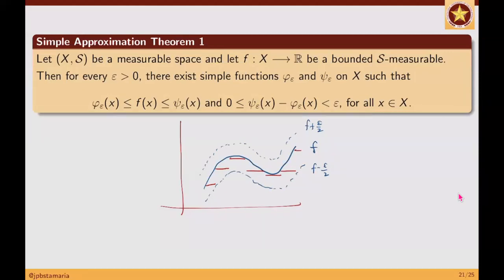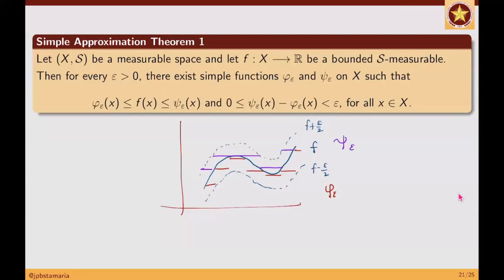Oh, naintindihan nyo? Yan yung phi epsilon. Yung psi epsilon nasa taas. Ganyan naman siya. Ganyan ang itsura ng psi epsilon.